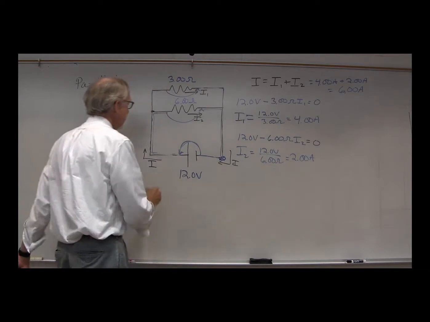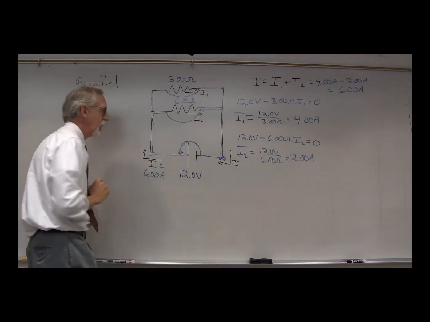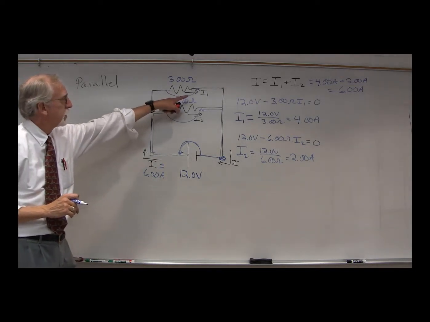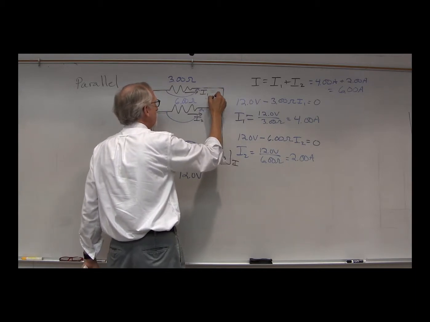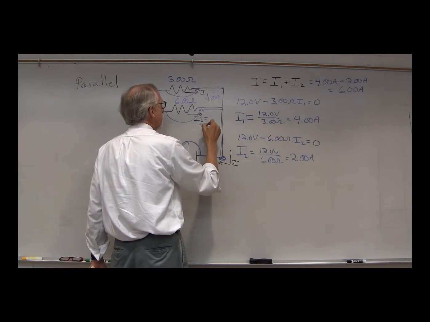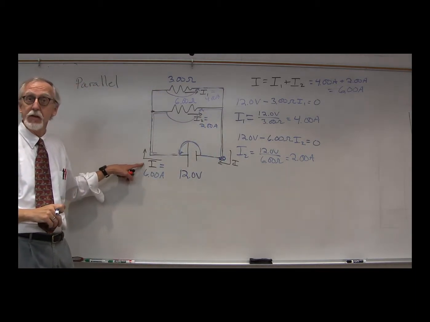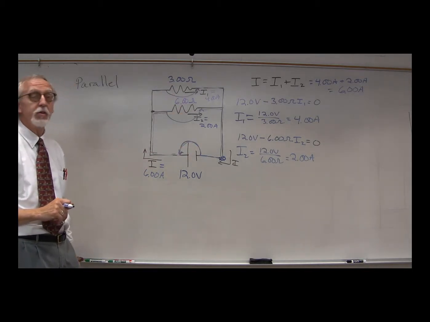In other words, the total current leaving the battery is 6 amps. There we go. Great. We figured out all the currents. I1 is 4 amps. I2 is 2 amps. And the total current I leaving the battery is 6 amps. All right, very, very good. Excellent. We looked at all those.